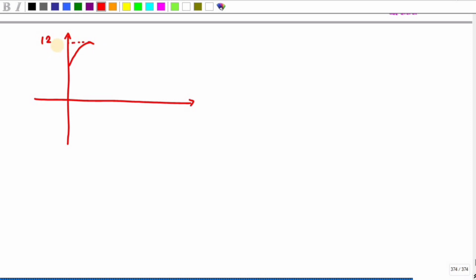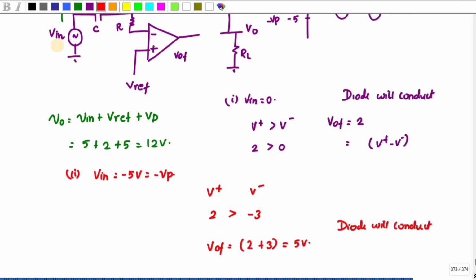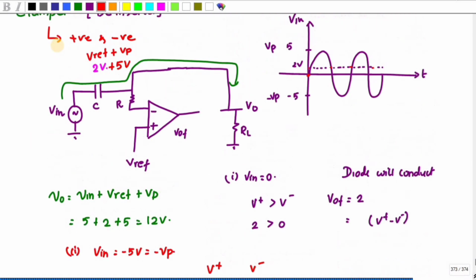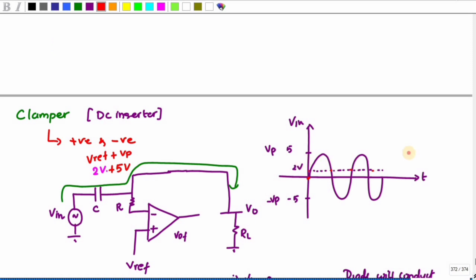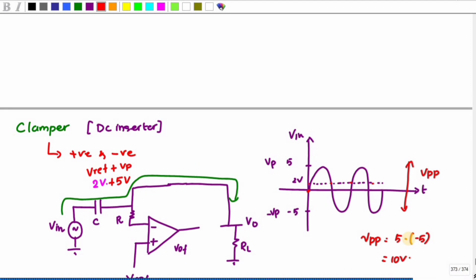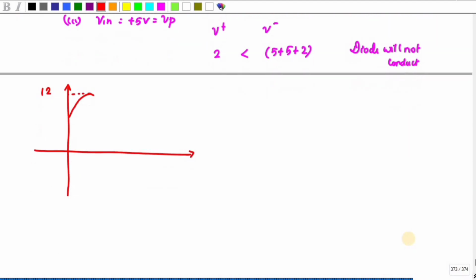So you know the peak to peak value. The peak to peak value is 5 minus minus 5, that is 10 volt. So it has to be from 12 volt to 2 volt. You can see the signal is clamped to the positive side.